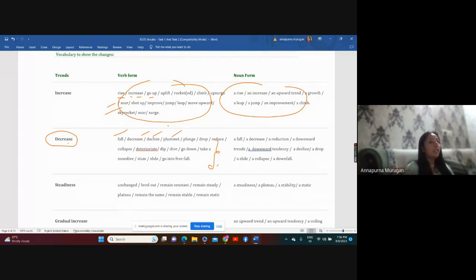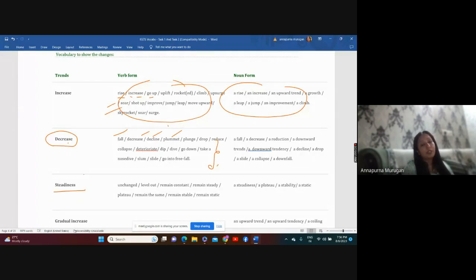In fact, I would recommend you to utilize them while speaking also. It's not necessary that you use them only for task one. Even when you are doing task two, or speaking, you can use this vocabulary, and in fact you can use these in your daily life also.